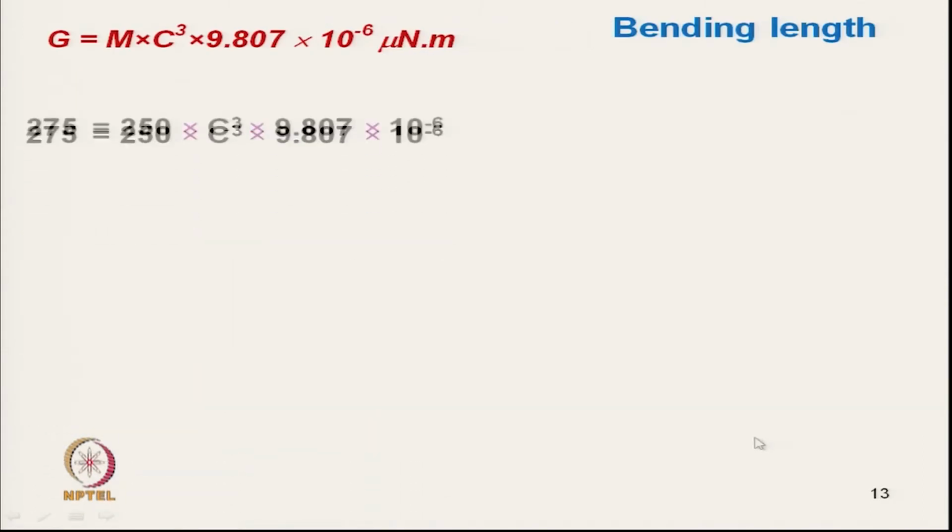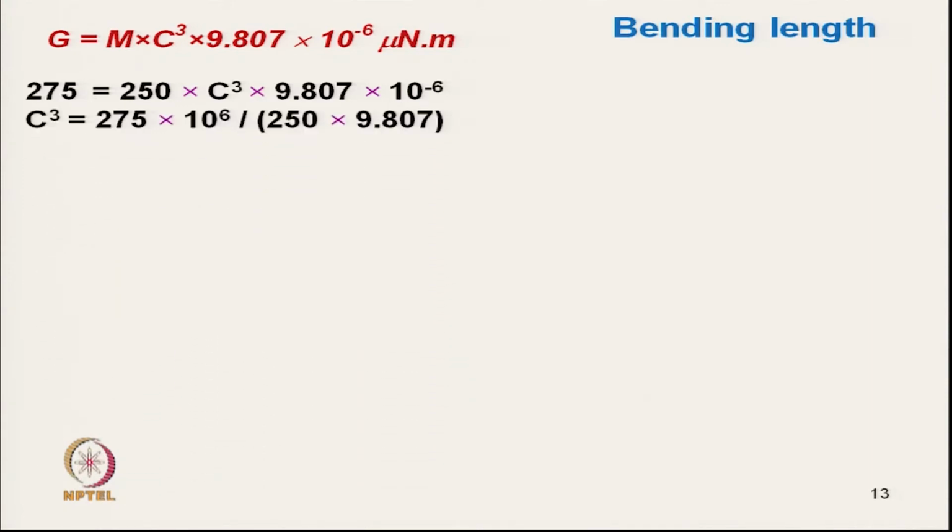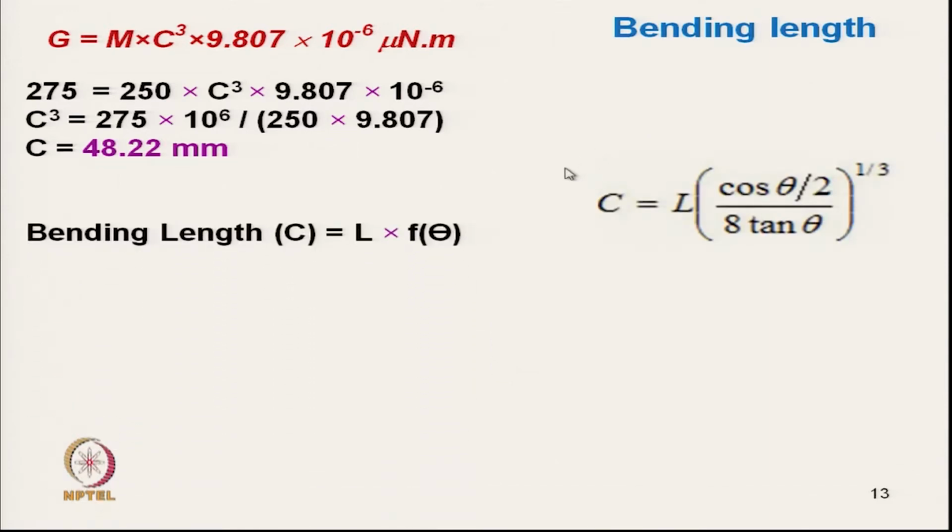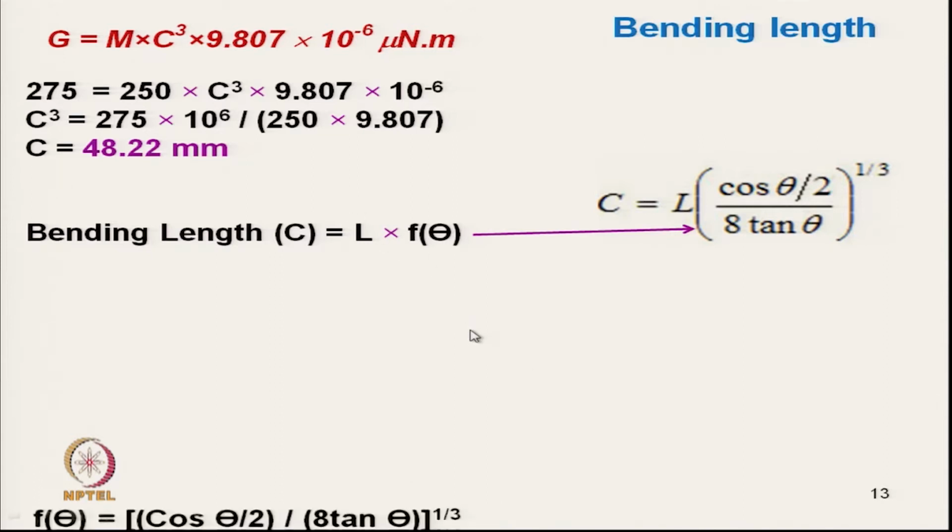From the given data we can calculate the bending length, which is 48.22 millimeter, and C equals L times the function of theta. We can calculate the function of theta if we know the angle.